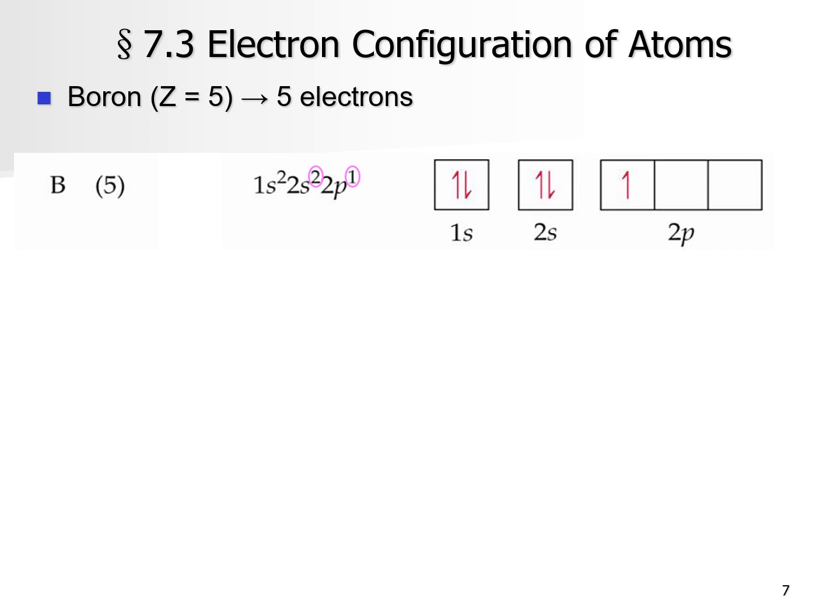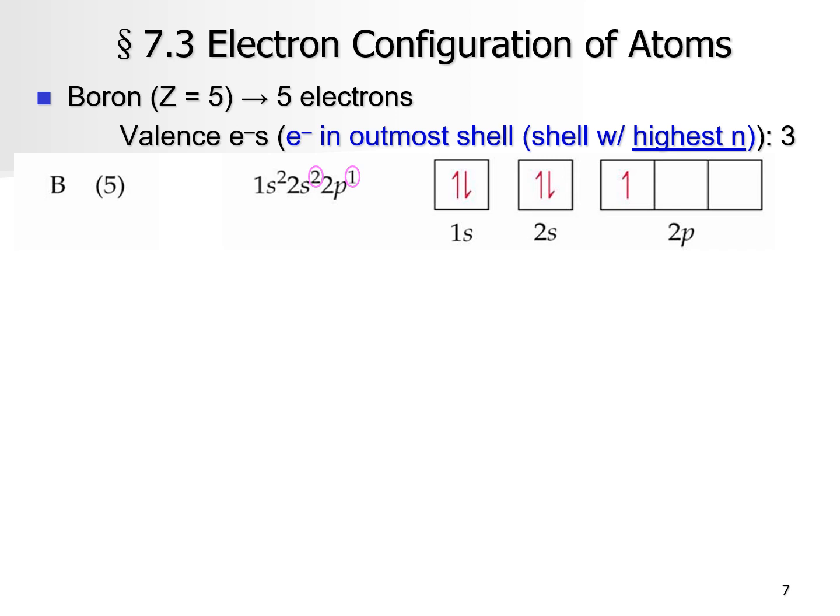And remember, the greater the n, the outer the principal shell it is. So if we add up these two electrons in 2s and one in 2p together, we find out that there's going to be 3 electrons. And those electrons must be found in the outermost shell, the shell with the highest n. 2 plus 1, that's 3.